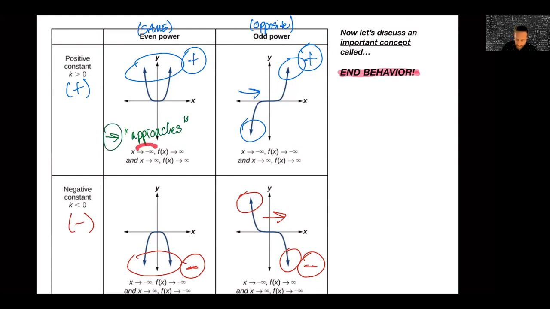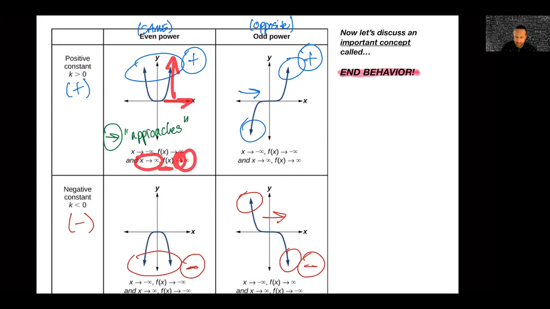So as x approaches negative infinity, it can't ever reach negative infinity because that's an idea. It's not a thing that we can put our finger on. But as x approaches the far left, what do my y values approach? Well, in this case, it'd be positive infinity. Where if x approaches positive infinity, what do my y values approach?